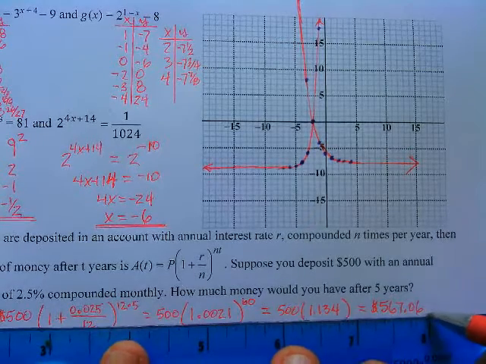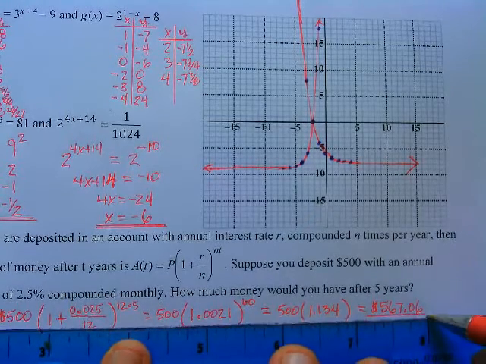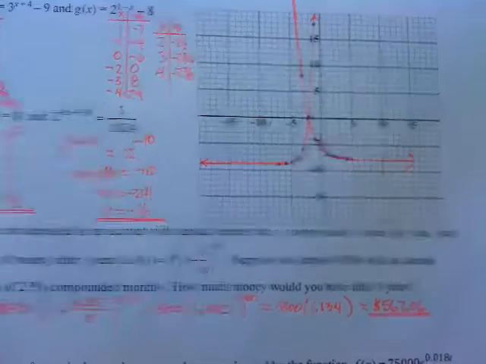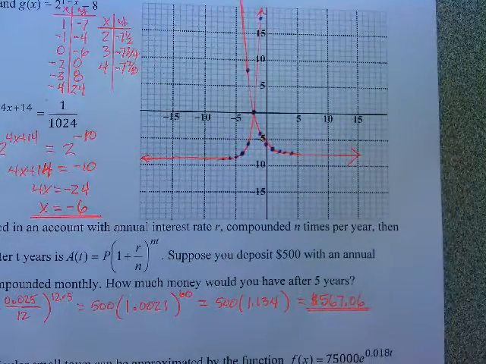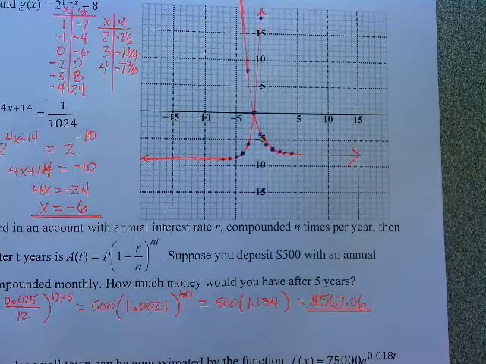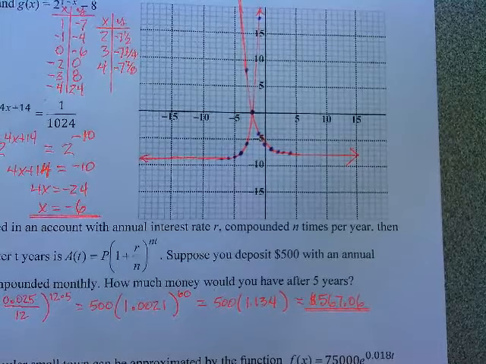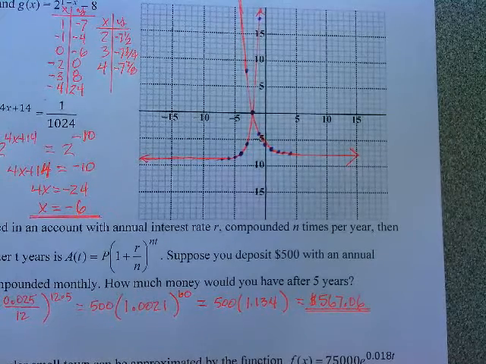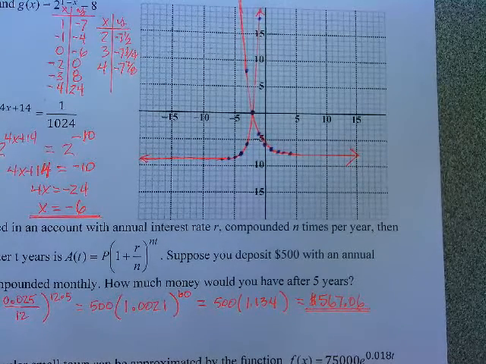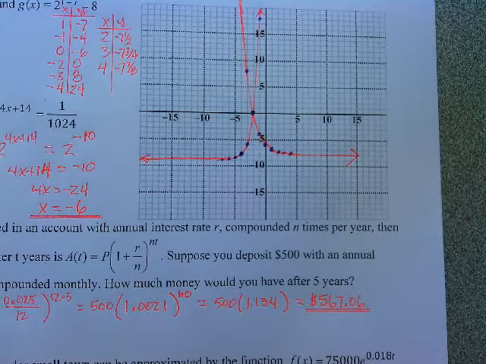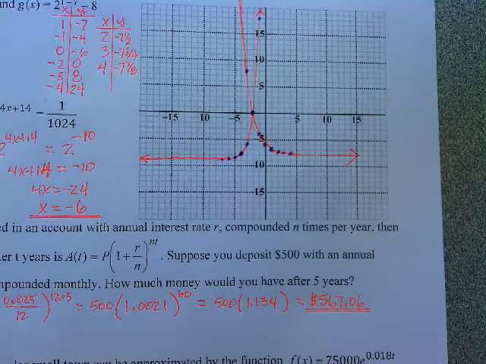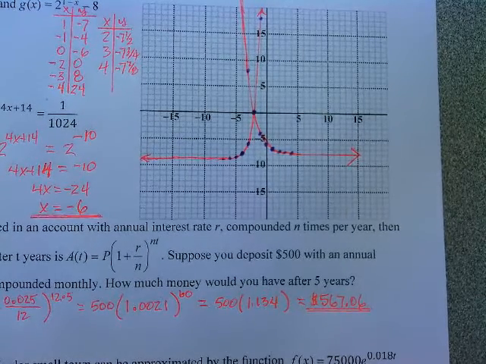By the way, this would also show you that after 5 years, my $500 is making $67.06. So it could take a while for that savings account to really produce, much longer than 5 years.